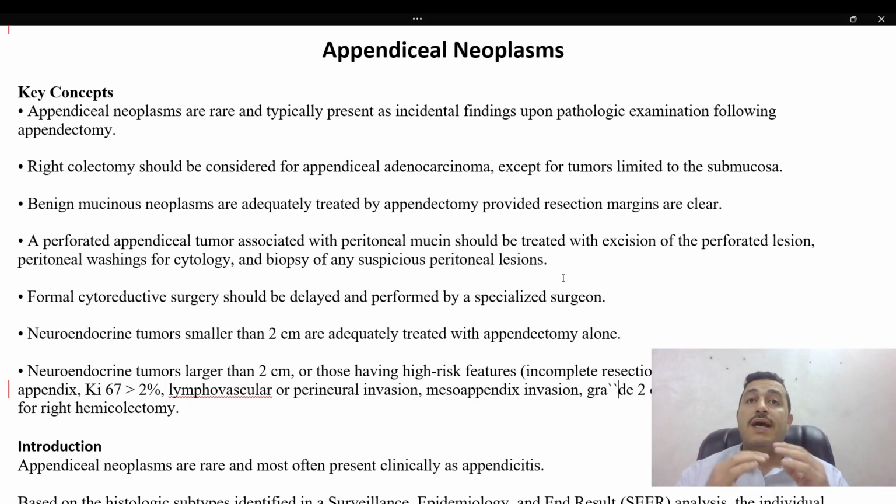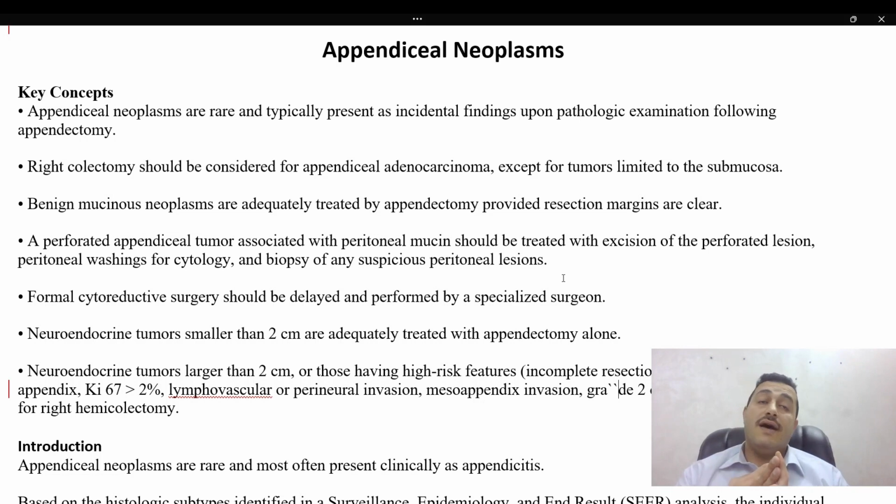Okay, this is one. As we previously discussed, the mucosa of the appendix may be benign or malignant. If we proceed for appendicitis and we find a mucocele or highly suspicious for mucocele, we should do appendectomy, wide resection of the mesoappendix, and washing for cytology.